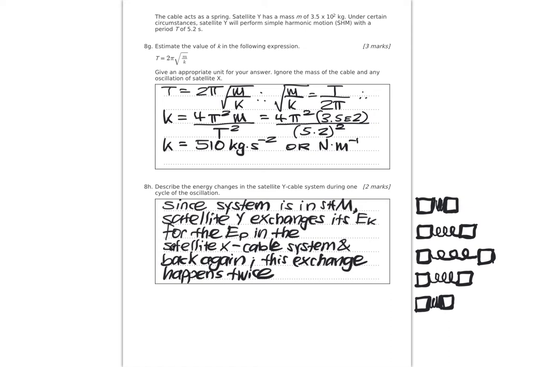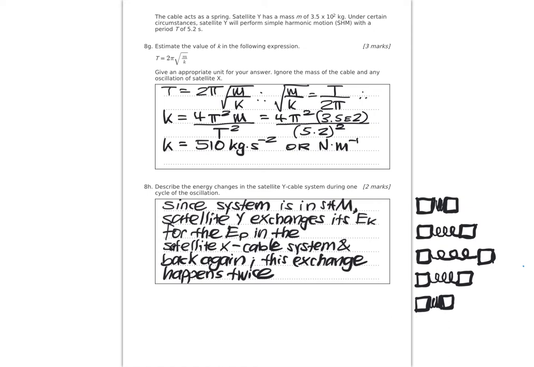So that's the explanation in the box, but over here on the right, I drew a little sketch explaining what I'm talking about. To start, I am going to keep this satellite, maybe that's satellite X, at rest, and I'm going to consider that the satellite Y is in motion. It doesn't really matter. They can both be in motion, but in terms of the energy exchanges, it doesn't matter.